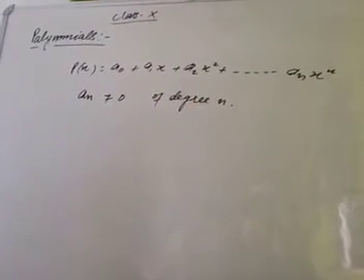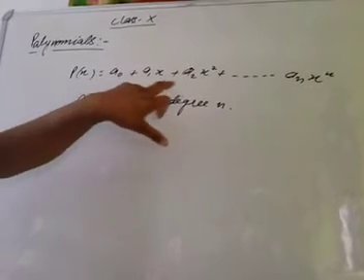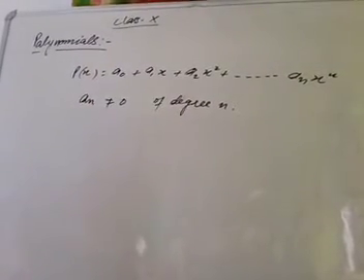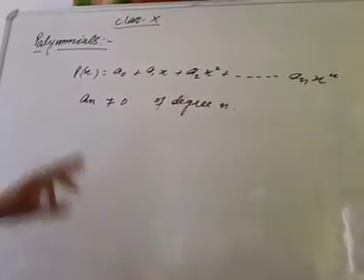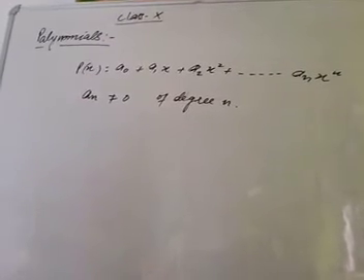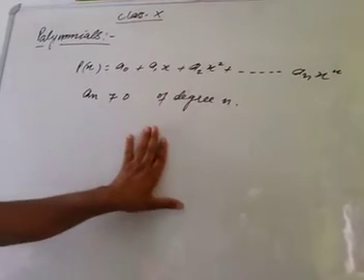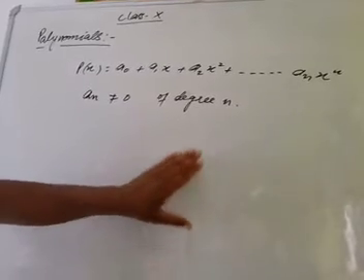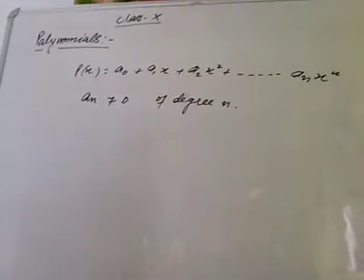Here x is the variable and a0, a1, a2 are real values. an is not equal to 0. So here we can say this is a polynomial of degree n.